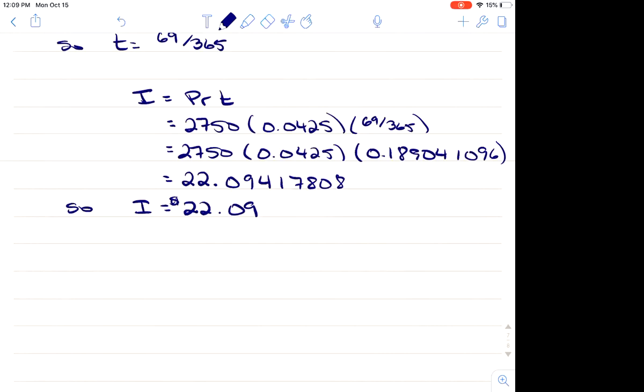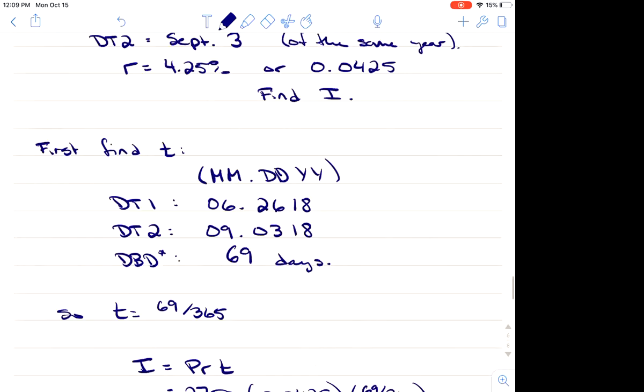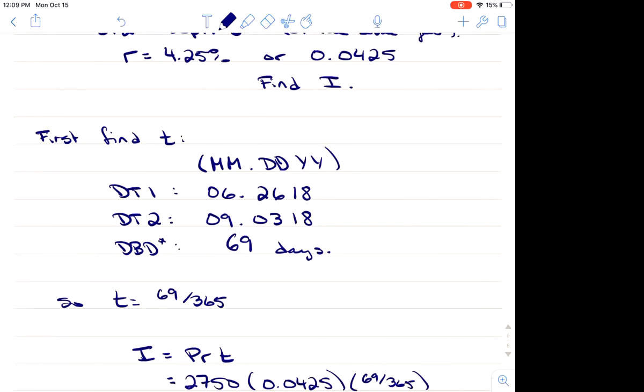Yeah. To find out T on the test, you can just calculate in the calculator and then write the T. You have to show this to show me how you got the 69 days. You can't just say 69 days. You have to show this little bit of work, right?